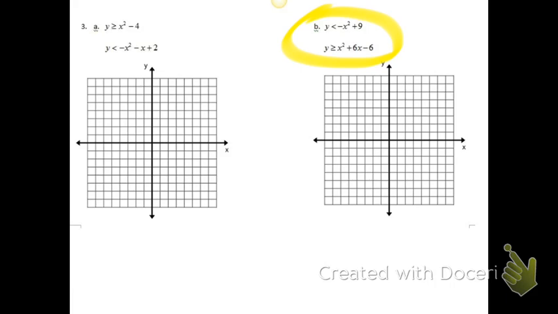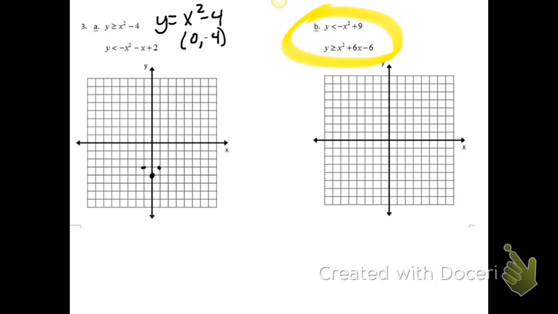For A, if I have y greater than or equal to x squared minus 4, that means I have to start by graphing y equals x squared minus 4. Now I recognize that as vertex form, where the vertex is going to be (0, negative 4). So I'm going to start there at negative 1, 2, 3, 4. If you plug in 1 and square it and subtract 4, I think you get negative 3.